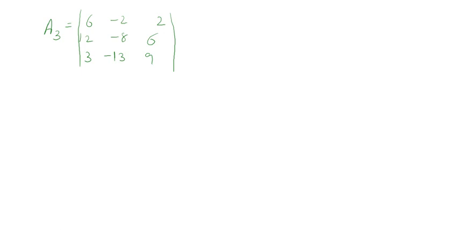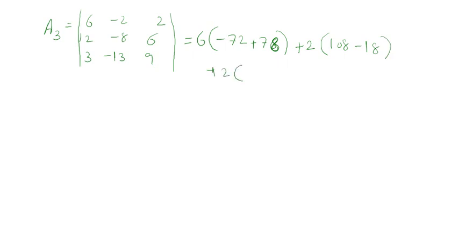So you need to find the determinant of this matrix. That is equal to 6 times minus 72 plus 78, minus minus, plus 2 times 108 minus 18, plus 2 times minus 156 plus 24.